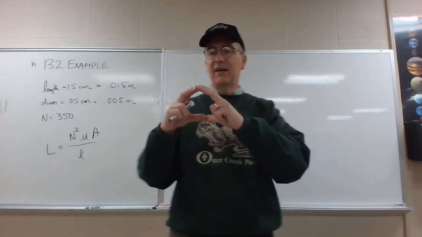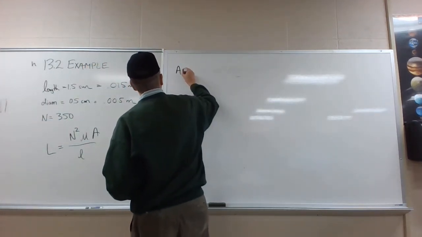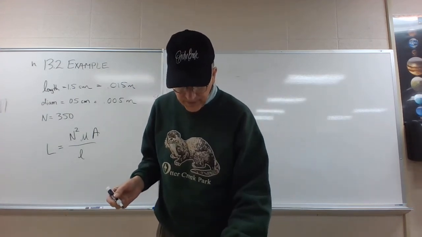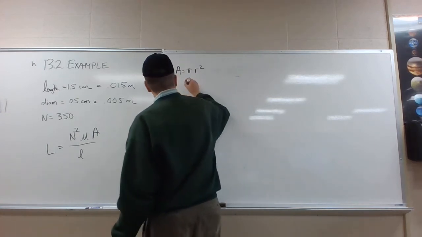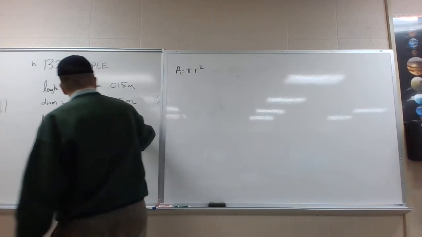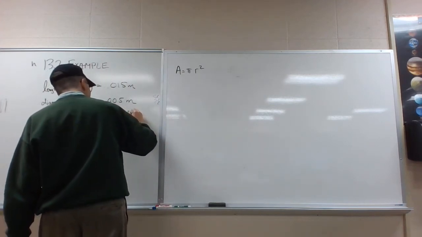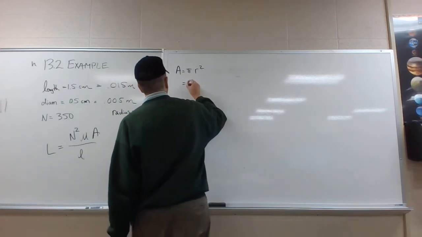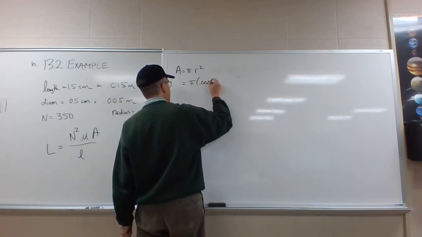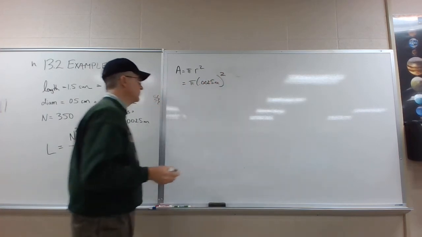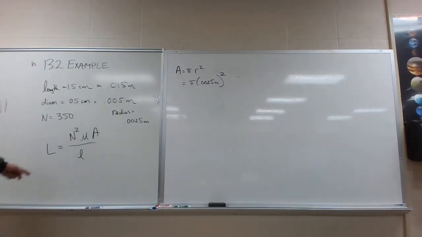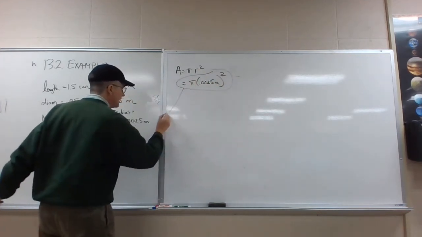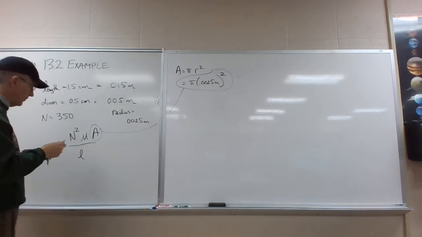The area of a circle is equal to pi r squared. That's the diameter, so the radius is 0.0025 meters. So that's pi times 0.0025 meters squared. I'm going to put that in for the area in this formula.